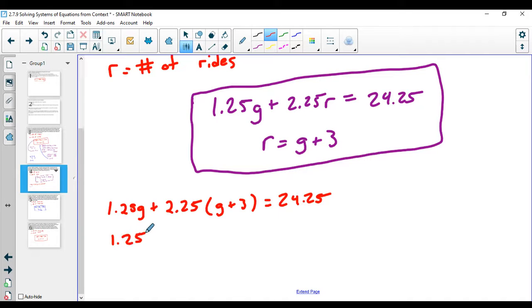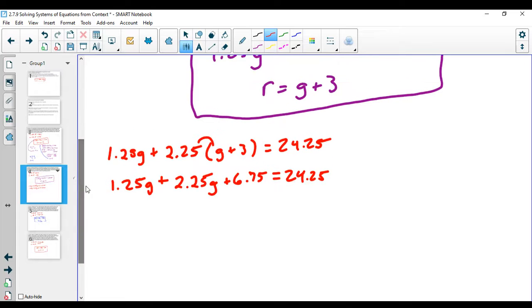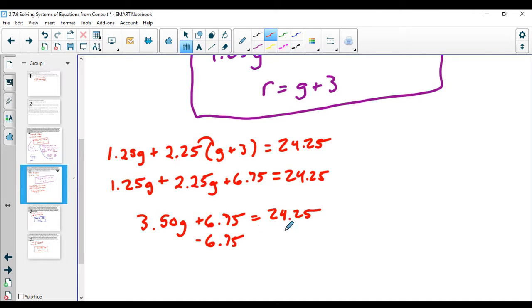So we have 1.25 times G plus, distribute the 2.25 times G, and then 2.25 times 3, 6.75, equals 24.25. 1.25 and 2.25 is going to make 3.5G.